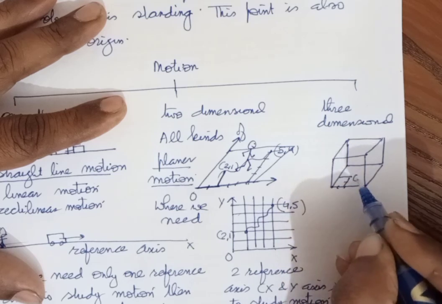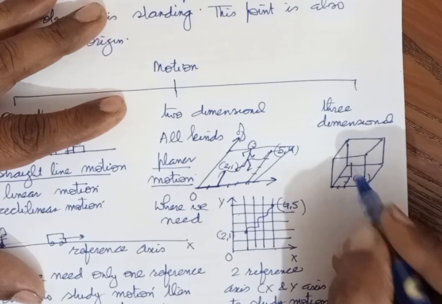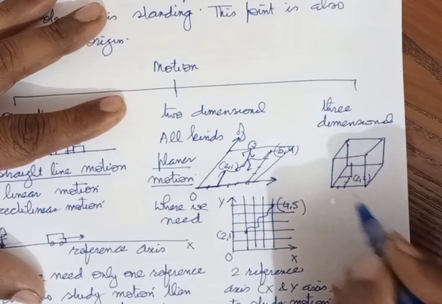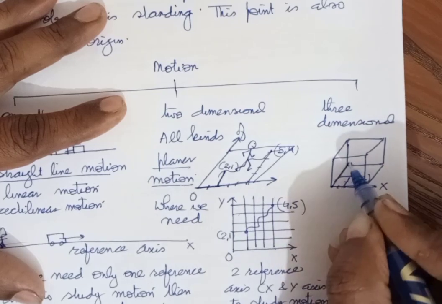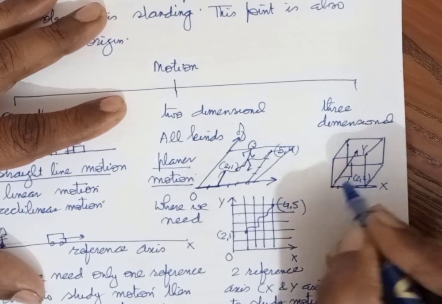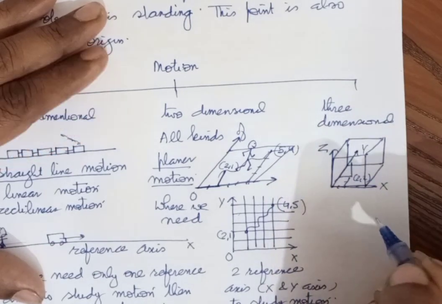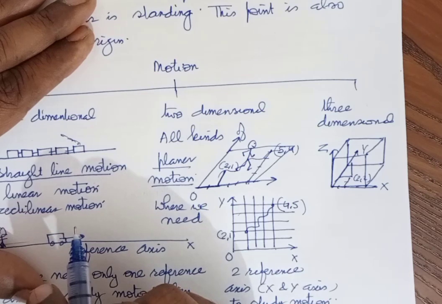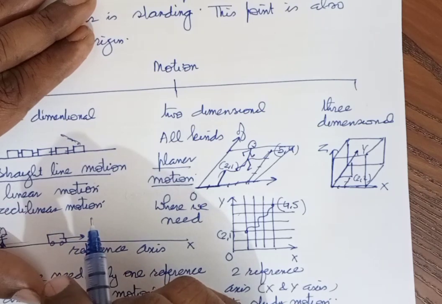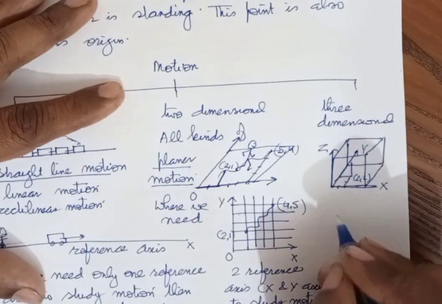So from that position, it may go to a certain height also. So this is the x axis, this is the y axis, this is the z axis. So the height is also a kind of dimension. In case of a flying object, a spacecraft or any aeroplane, its height is also varying. So here we need 3 dimensions.